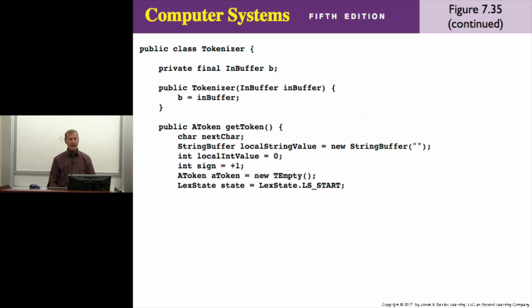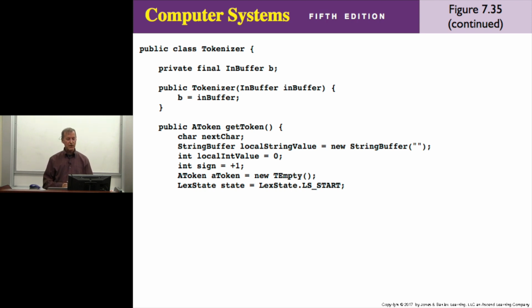Now, in figure 7.35, continuing, let's take a look at public class Tokenizer. We're actually looking at this code bottom up, so we haven't seen yet how Tokenizer is going to be called. We'll do that in a minute. But let's just see how Tokenizer is organized. First of all, what attribute does a Tokenizer have?